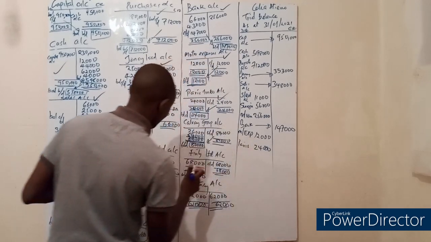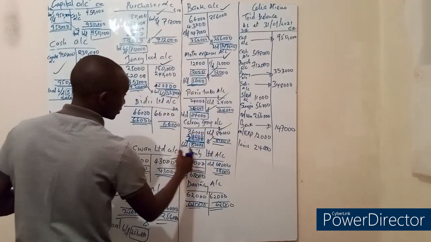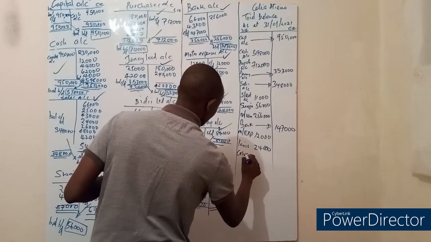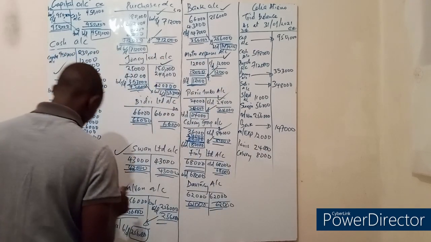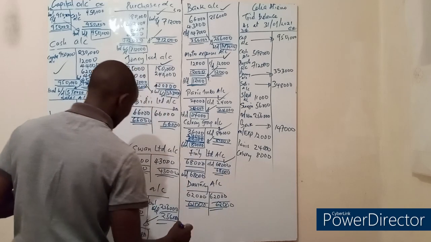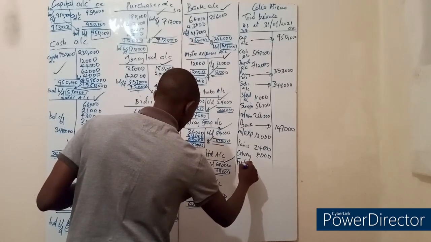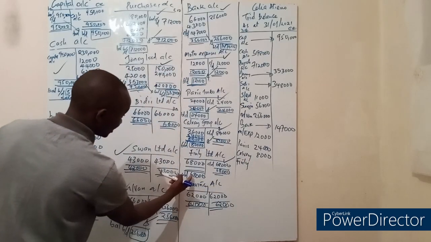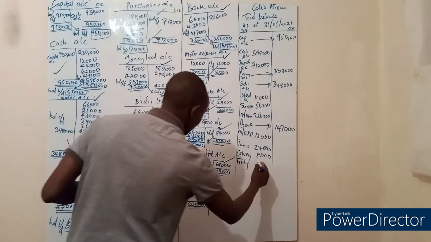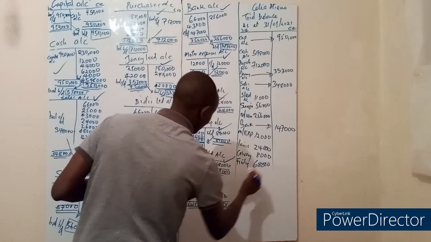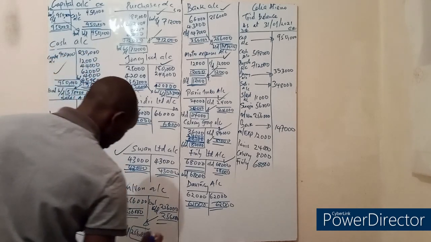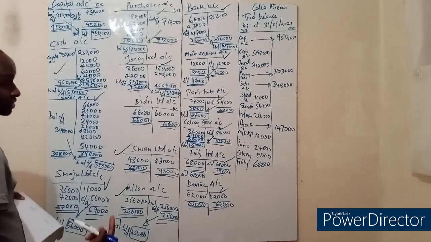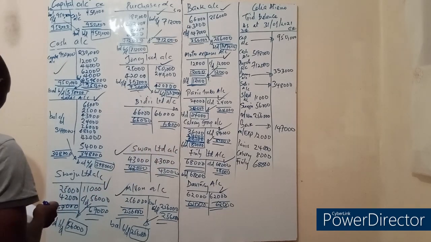And then we have Calvary debit of 8,000 shillings. And then we have Finlay Limited. Finlay is 68,000 on the debit side. And then we have Da Vinci is balanced, so there is no balance we're going to take to the trial balance.